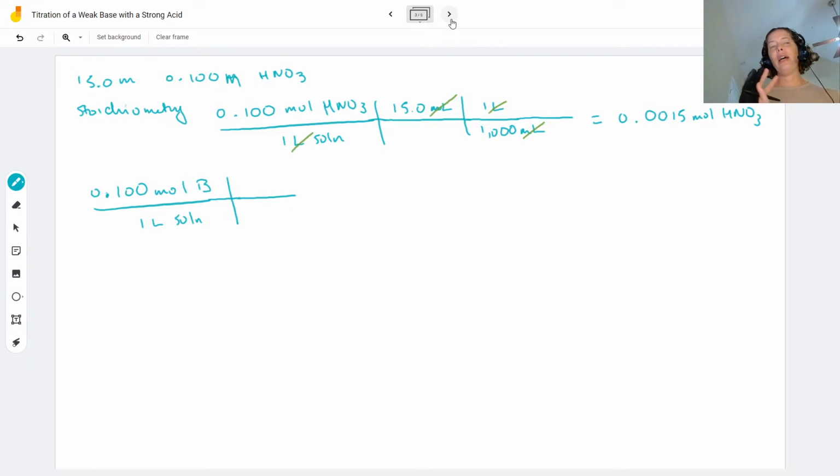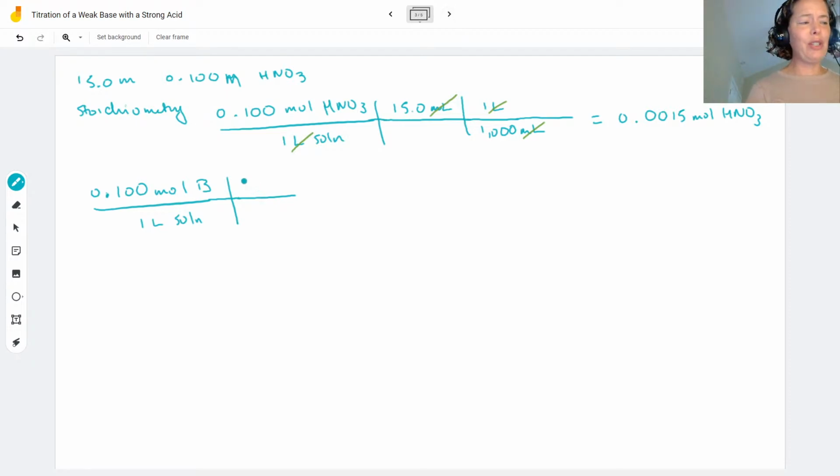Again, when you've got these titrations and you have multiple volumes all over the place, make sure you're pairing that volume, not just with milliliters or liters, but with a particular molecule. Because that's another common mistake I see, students will put the wrong volume with the wrong molecule just because they're not keeping track.